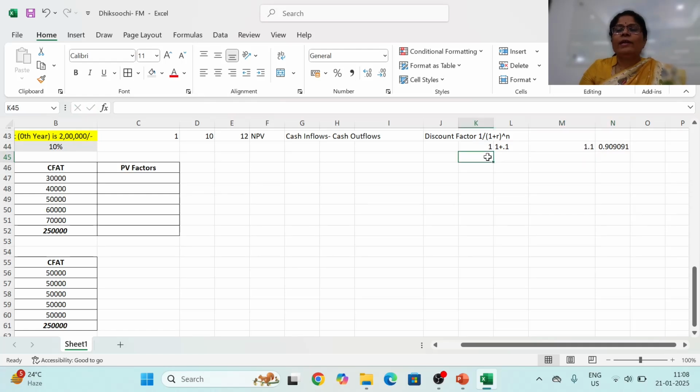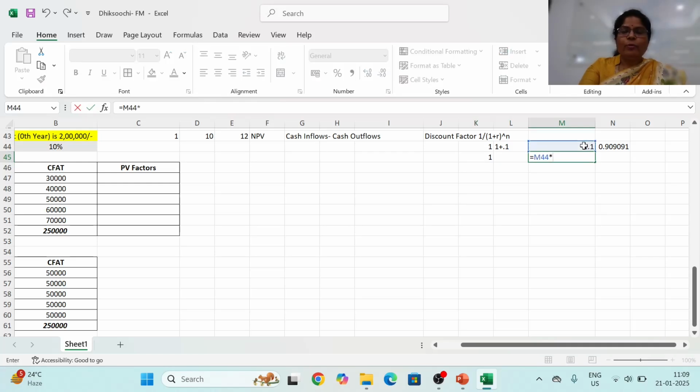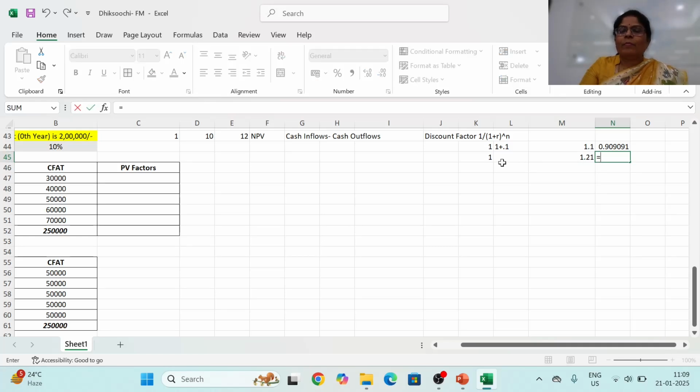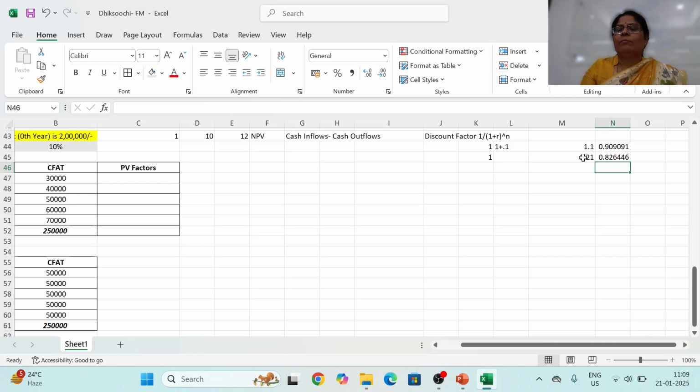Now we are calculating the discount factor for the second year. The numerator will be the same, but the denominator will be to the power 2, because it is the second year. So 1.1 times 1.1 gives 1.21, and the numerator is 1 divided by that denominator.